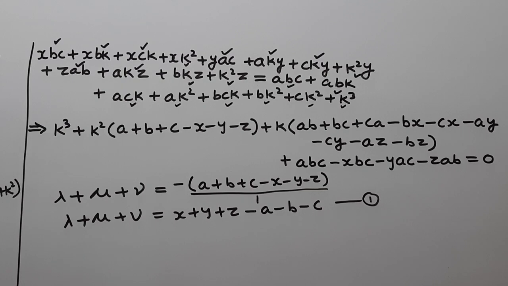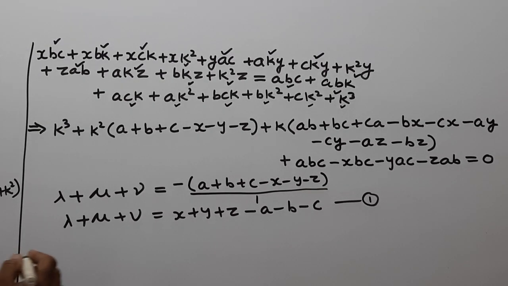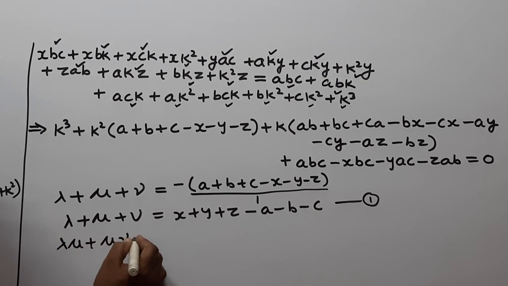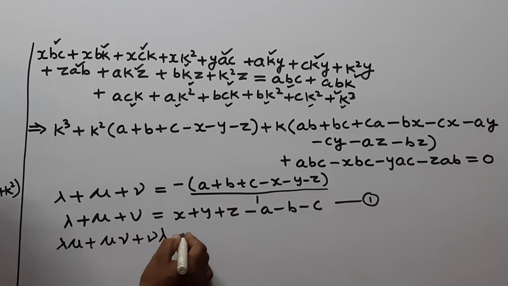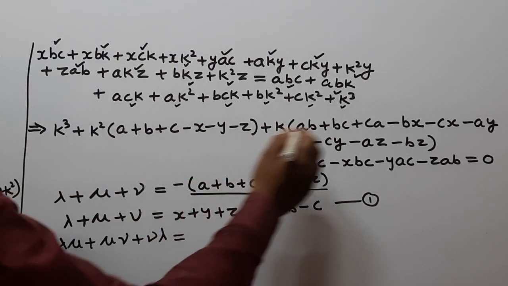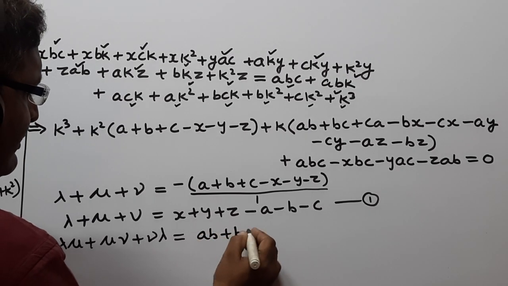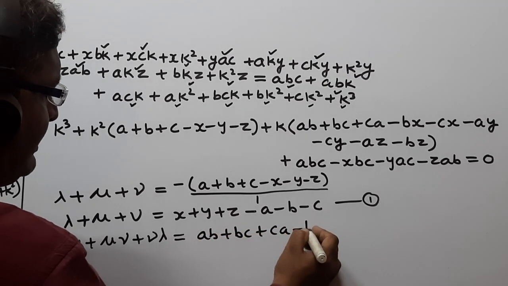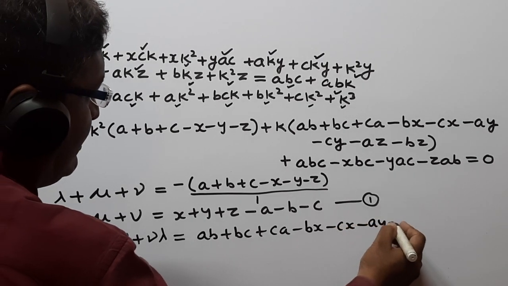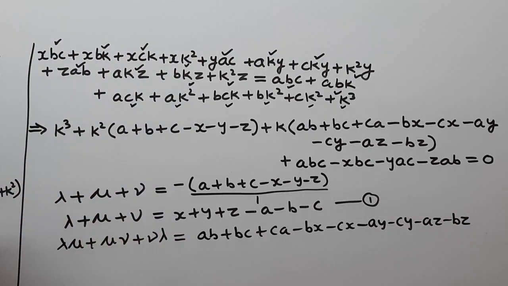Now similarly we find the sum of the product of two roots, that means lambda mu plus mu nu plus nu lambda. This is equal to a2 upon a naught. So this can be written as ab plus bc plus ca minus bx minus cx minus ay minus cy minus az minus bz.